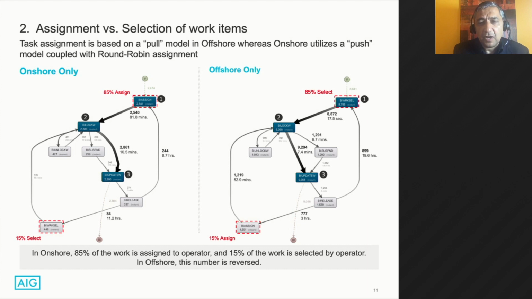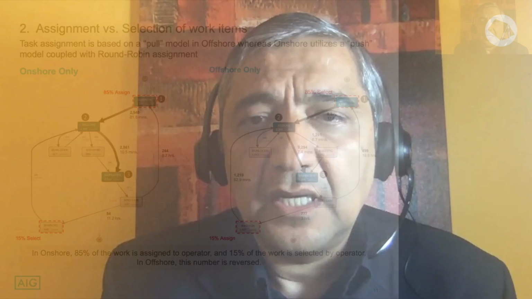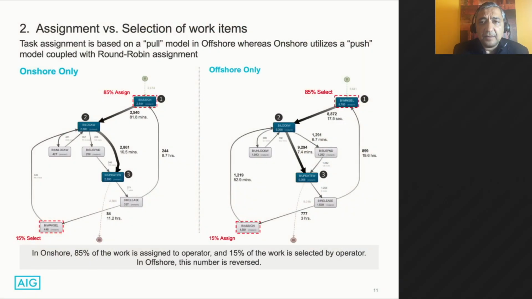Same thing if you go to the offshore model: they were using a pull model, where stuff would go into a basket, and then the operators or processors would pull from that basket based on certain rules, skills, and so on. Then you can look at that and ask, what is the impact of that? You can see here they have different time delays between different steps. You can trade off and say, in which case is the pull model working, in which case is the push model working, and why?